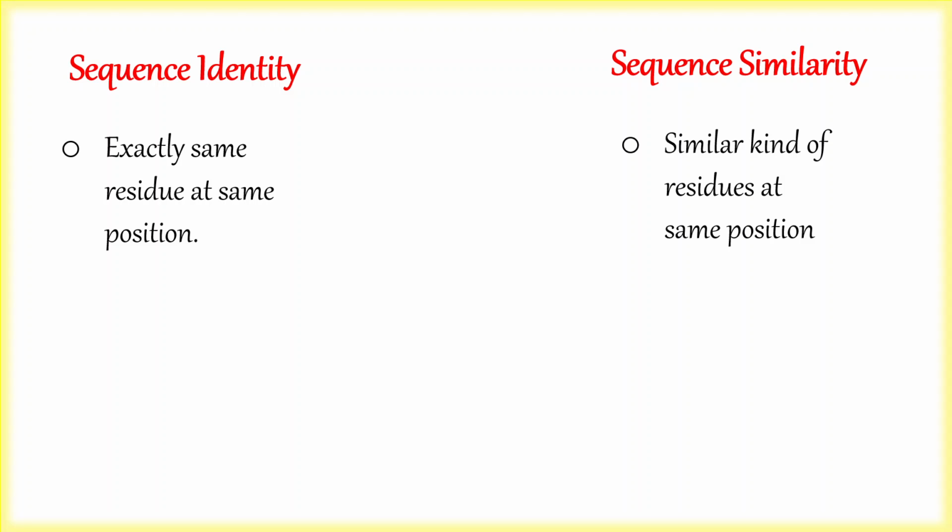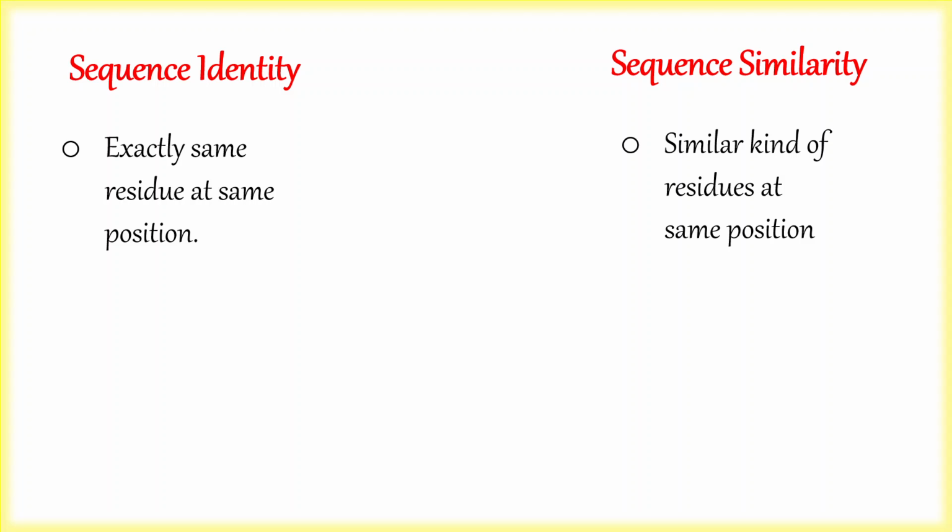So, if we take an example, if we have the substitution of aspartic acid and glutamic acid by one another, this kind of substitution in the two protein sequences will be regarded as a positive or a similar substitution.